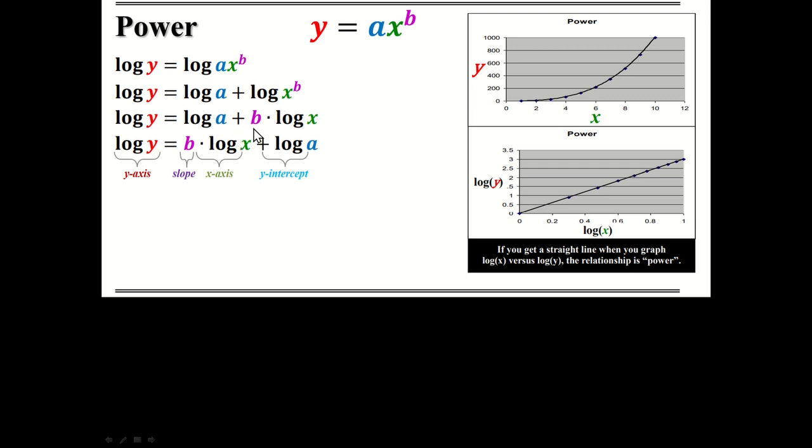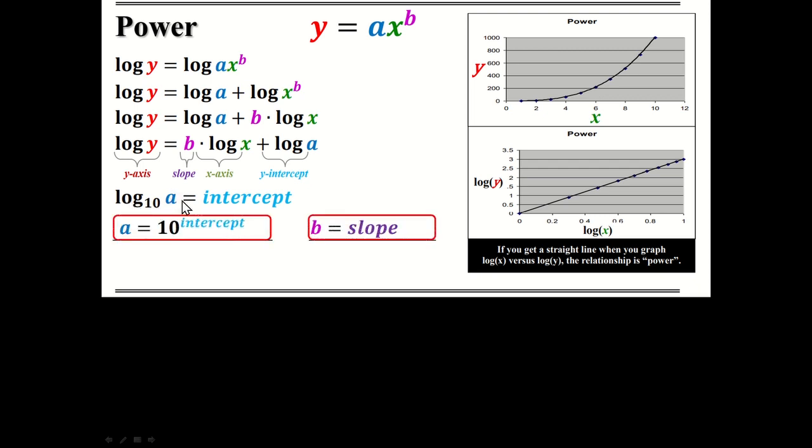What we're graphing has a number added on the end. That number is going to be where it crosses the y-axis. So since log base 10 of a equals the intercept, we can find out what a is by shifting from the log form to the exponential form. 10 raised to the intercept is equal to a. And b was the same thing as the slope.